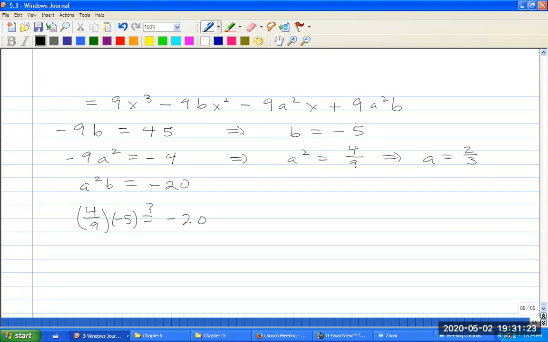Oh, of course, I forgot the 9 there. So 9a squared b, is this equal to negative 20? Well, these cancel, so yes, indeed, that works. Okay, so the solution to this equation is plus or minus 2/3 along with negative 5. So those are my 3 solutions to my equation.